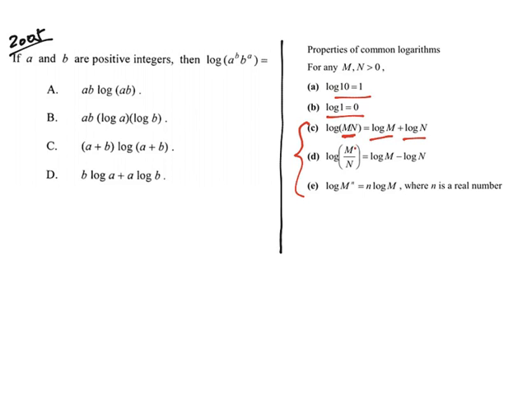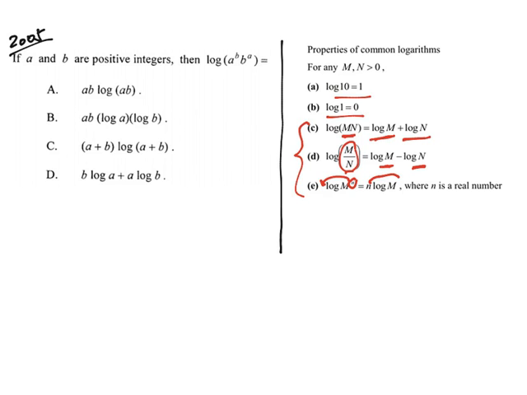If it is divide, it becomes log m minus log n. Or in reverse, log m plus log n is log m times n, and log m minus log n is log m over n. Lastly, we have the index. We can move the index to the front as the coefficient, or going backward, you can move the coefficient to the index.